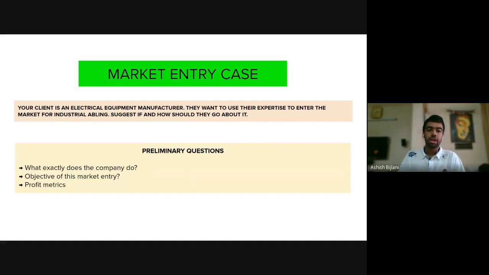In terms of the metric to evaluate, I need not ask what the metric is. I clearly understand they're concerned about profits. So I would use a statement to the interviewer such as: from what I can understand, we would like to evaluate the success of this new venture in terms of the profit it's making. You get an affirmative from the interviewer and you move forward.